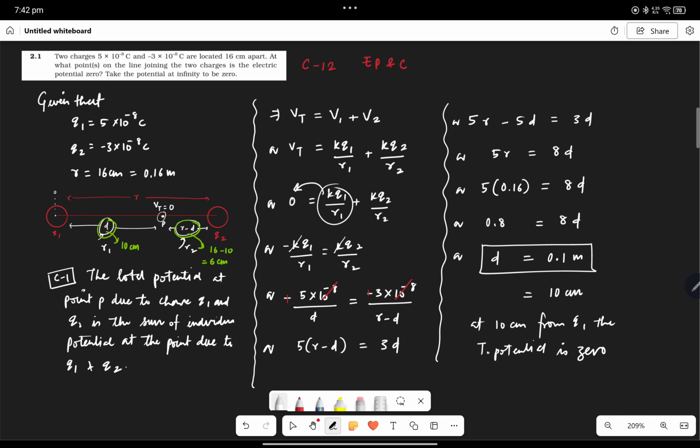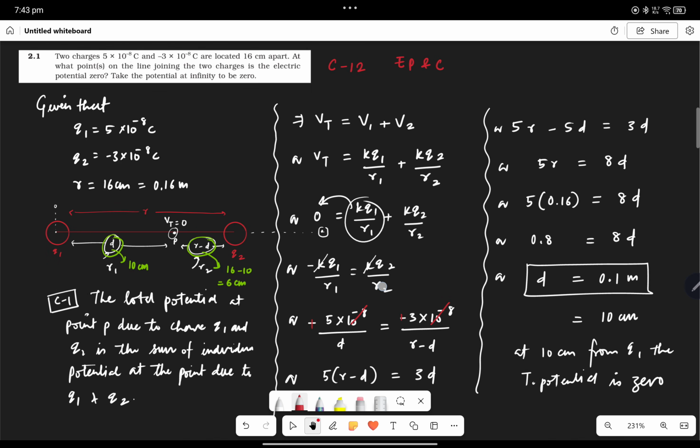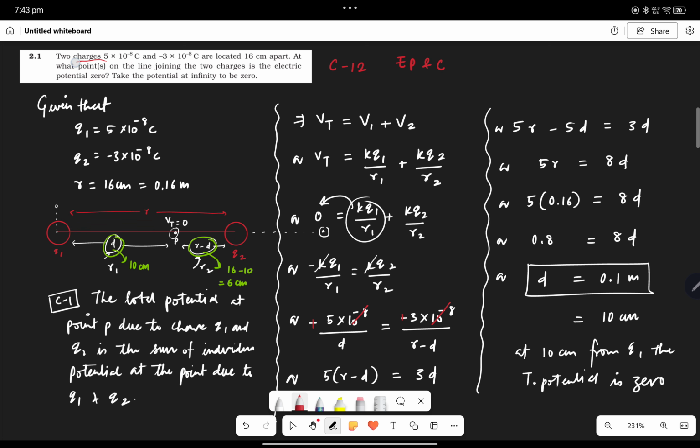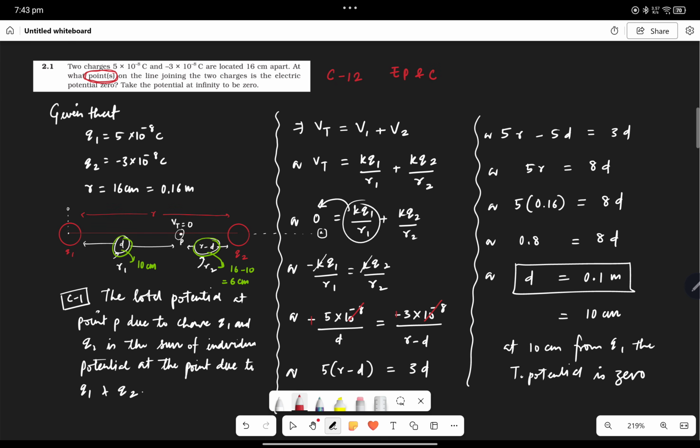There is also one point where it is going to be 0, if I am considering a point that is outside this system, because of what the question has asked about the points. So there are many points at which the potential is going to be 0. Here it is going to be 0, and it is also going to be 0 outside the system.